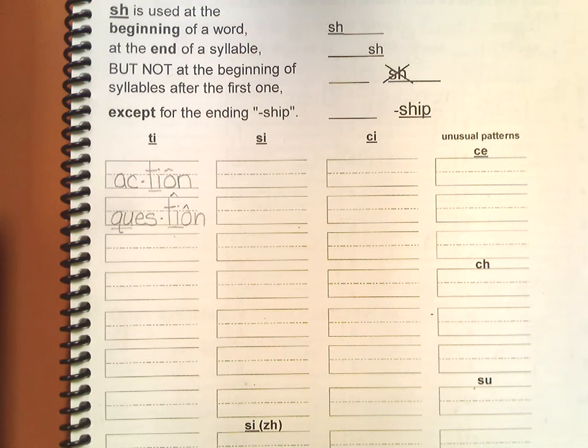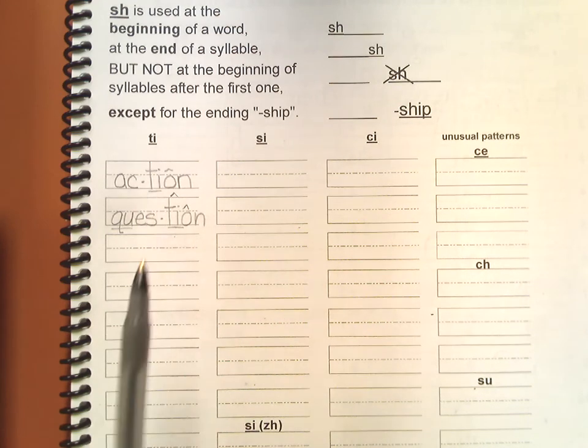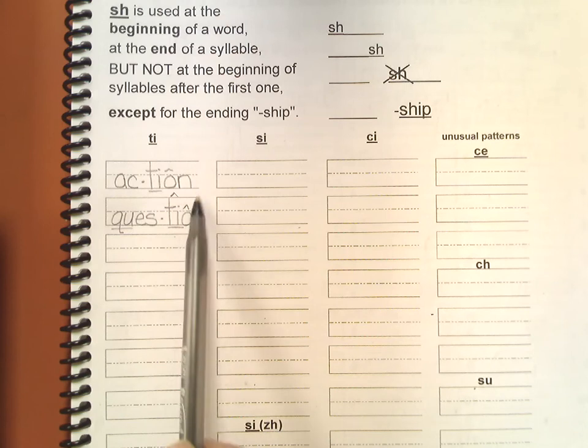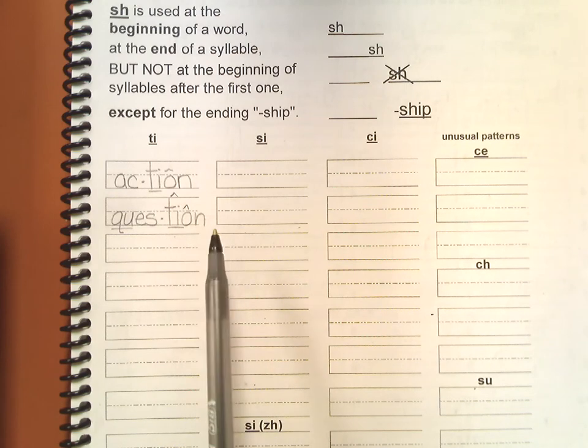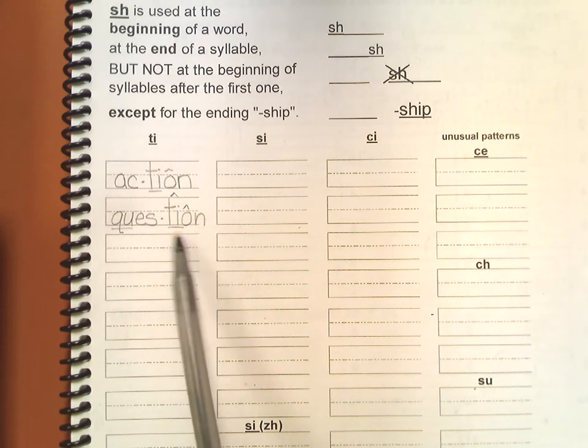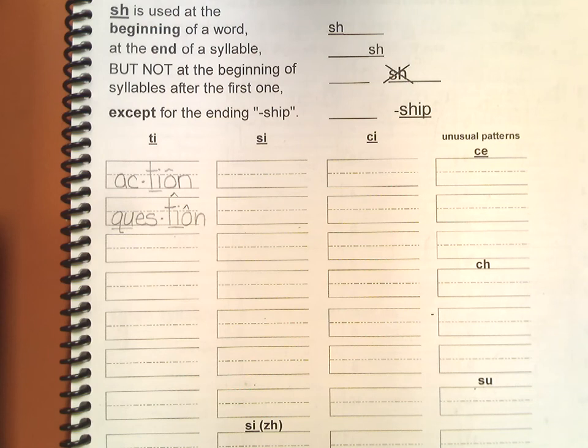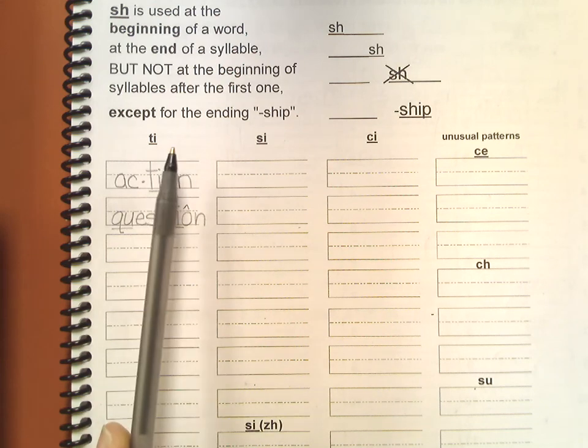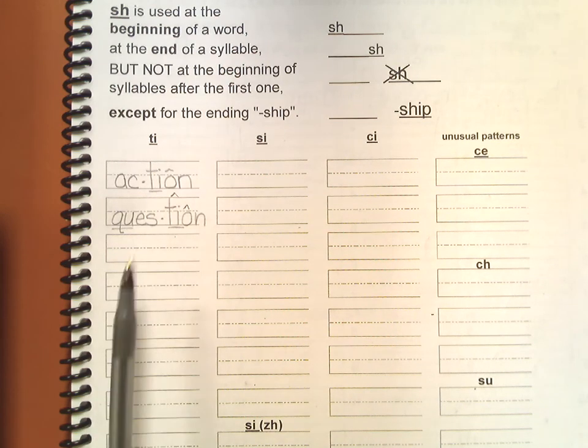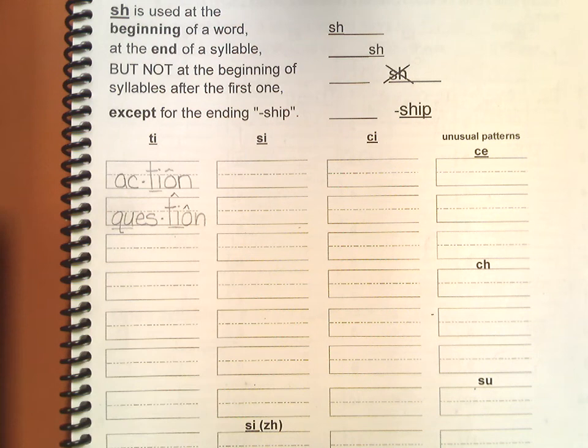Remember the three that we can use at the beginning of a syllable after the first one are these three. Class, which one do we use? All right, good. We use sh, tall letter sh. Remember, whenever we have that shon ending, well, we say shun, but we spell it shon. It's always tall letter sh. All right, so we're on page 7. Find your tall letter sh column and your first free line, write nation.